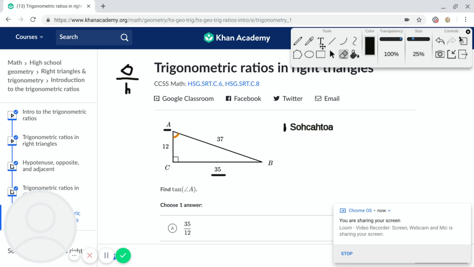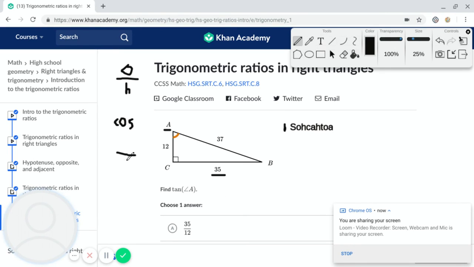So the next one that we are going to be doing, the CAH part of the word, is the cosine. Now we just write it like this for short, but that is the adjacent side over the hypotenuse.